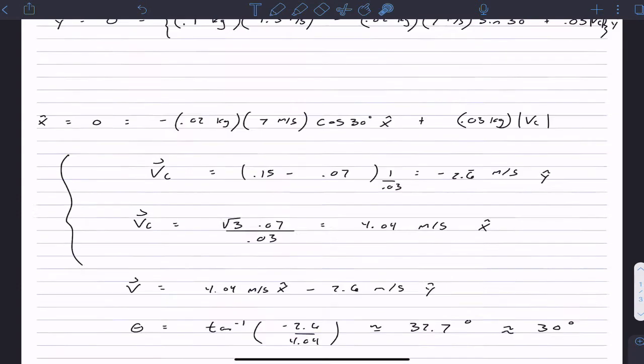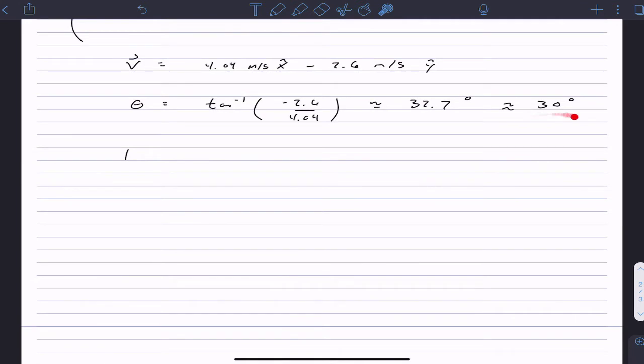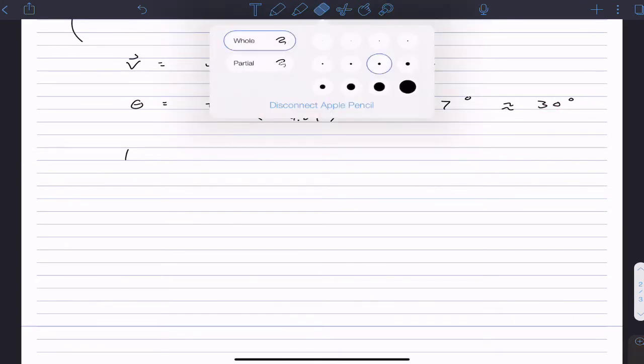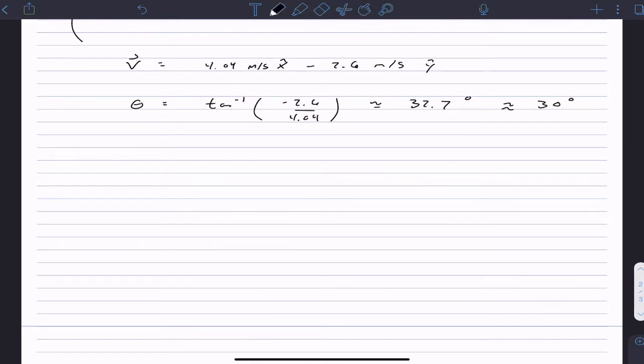If you're asked to find something like this and give the exact value, then I would plug in the exact value. But a lot of times you're asked to give an estimate. And then we find the magnitude. And that gives you about 4.8. So the magnitude of V is about 4.8.